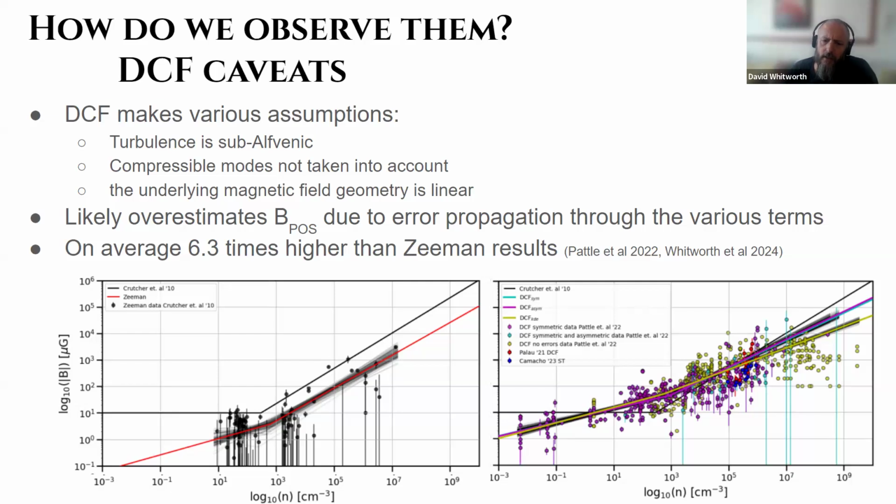And Kate Patel, in her 2022 paper, the Protostars and Planets review, estimates it at around 6.3 times higher than the Zeeman. And you can see this in the plot, and we'll come to these plots later. The red line is the Zeeman data, and then the yellow line in the other plot is the DCF average. And you can see how much that's shifted up.